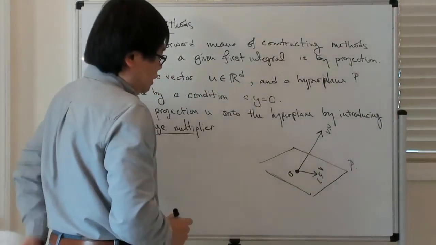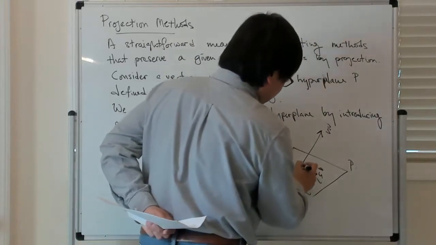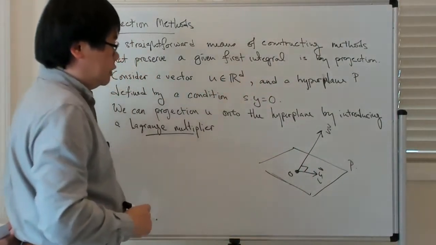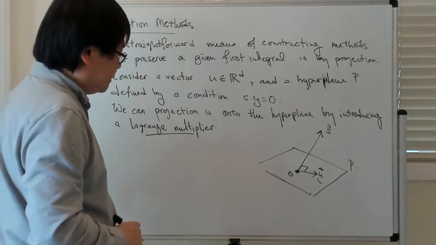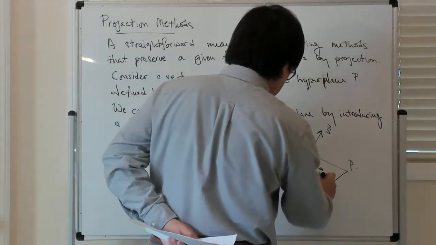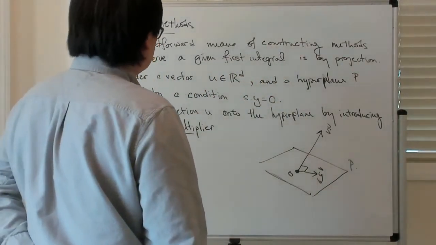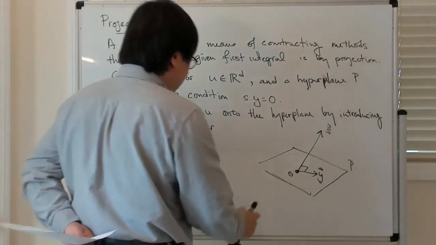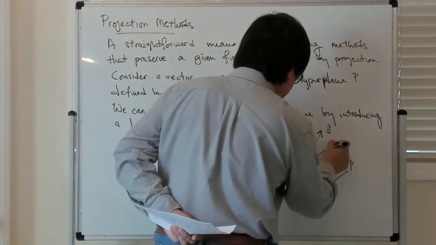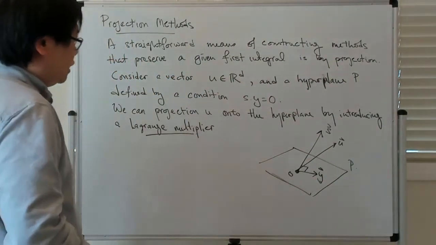You've defined a hyperplane P with the property that every point y on P is orthogonal to this vector s. Then you have another vector u, which you would like to project onto this plane P.